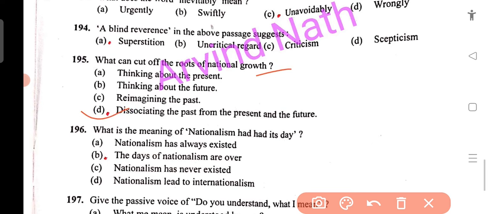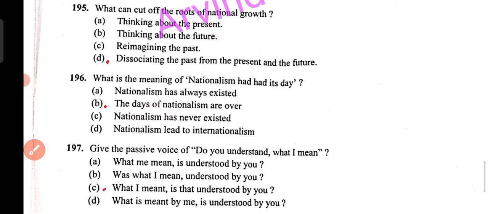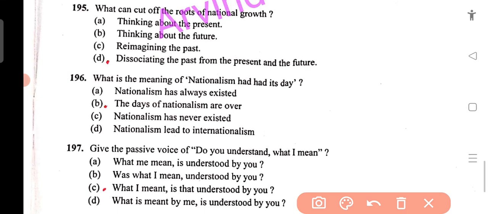Number D will be the correct: dissociating the past from the present and the future. Now 196: what is the meaning of 'nationalism has had its day'? Option B, the days of nationalism are over.